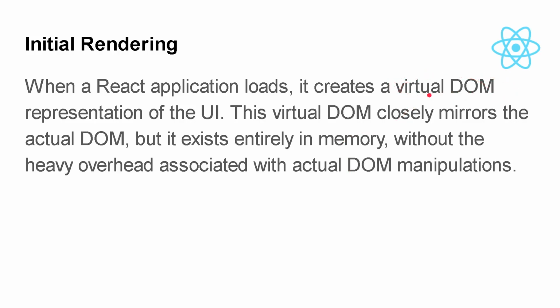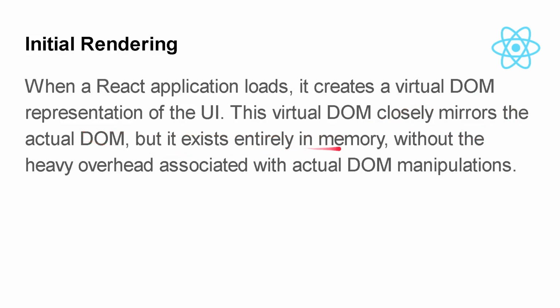So behind the scenes, when you in React are making changes to the user interface, React is figuring out the best way to make that change by keeping its own virtual copy, mirroring the actual document object model.